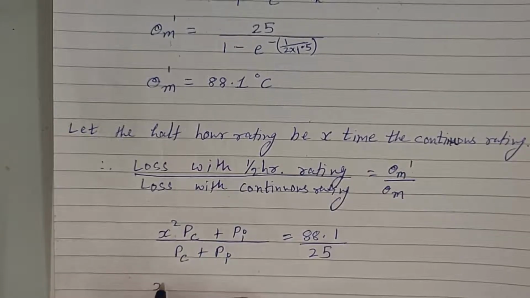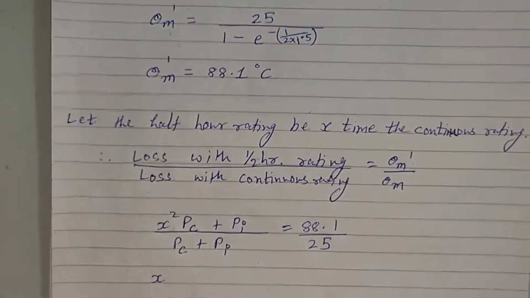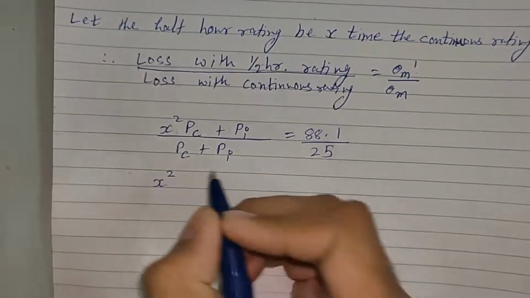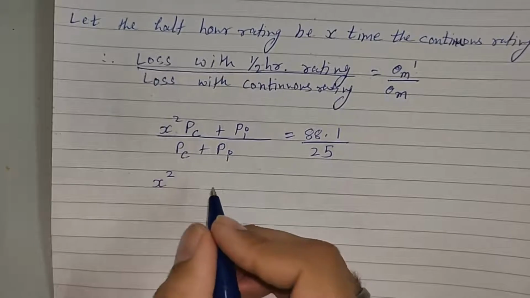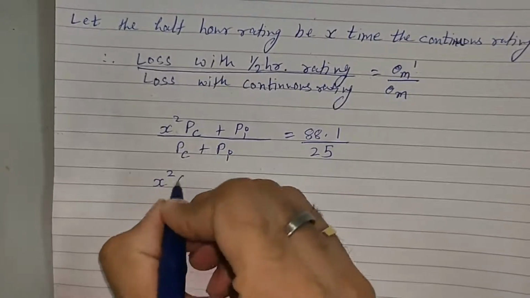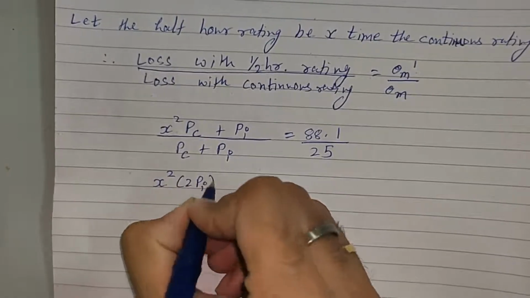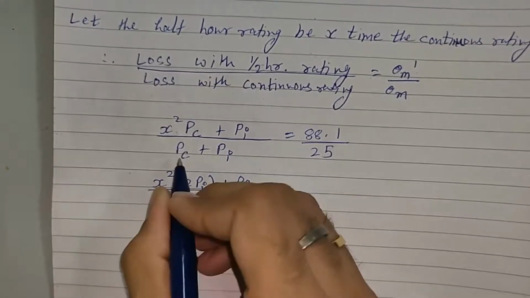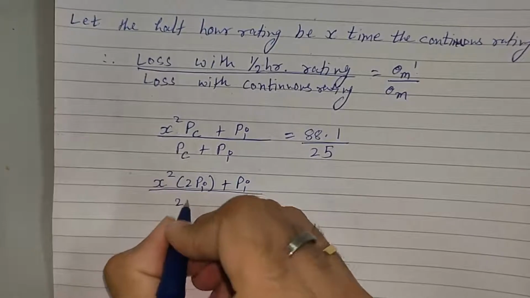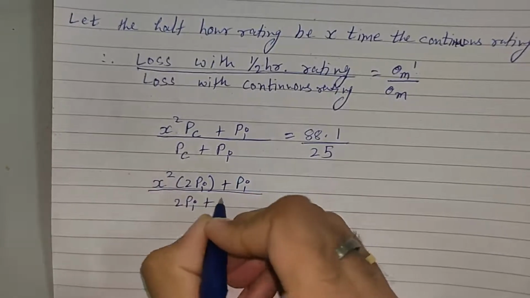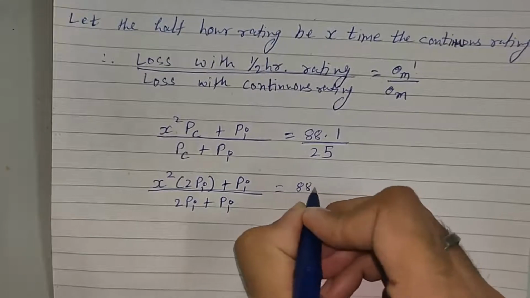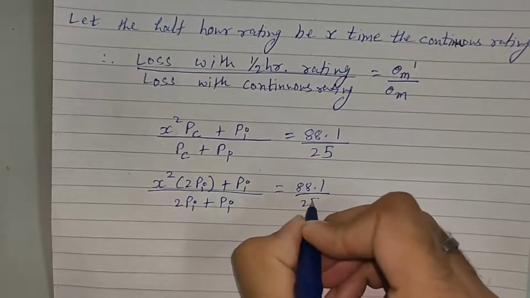So I can write this equation further as x square, instead of Pc I can write 2Pi, plus Pi, divided by, again this Pc can be written as 2Pi plus Pi, which is equal to 88.1 upon 25.